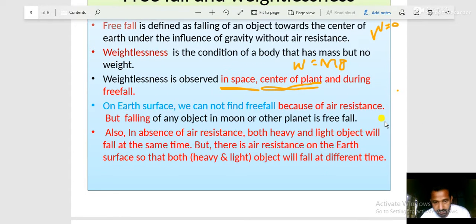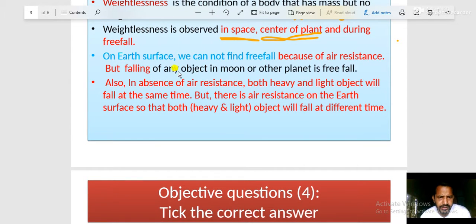Let me go down. But the falling of an object in the absence of air resistance, yes, if there is no air resistance, I made in the last figure a box from which the air is removed. Which object will fall faster? I have done this in the previous class.